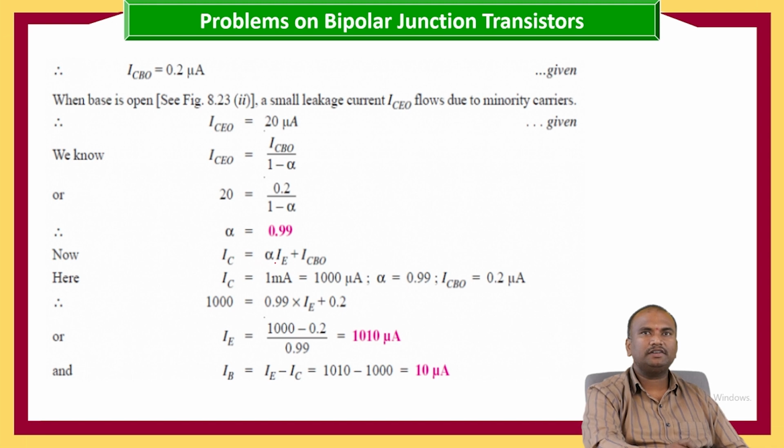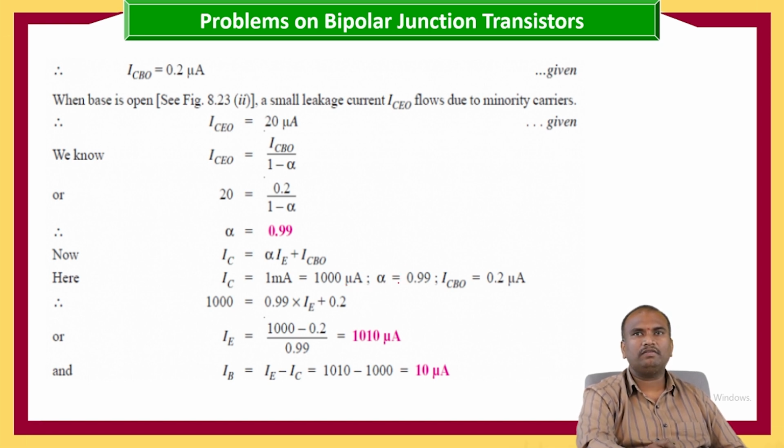where IC is equal to alpha into IE plus ICB0, where IC is equal to 1 milliampere, that is equal to 1000 microamperes, alpha is equal to 0.99, and ICB0 is equal to 0.2 microamperes.